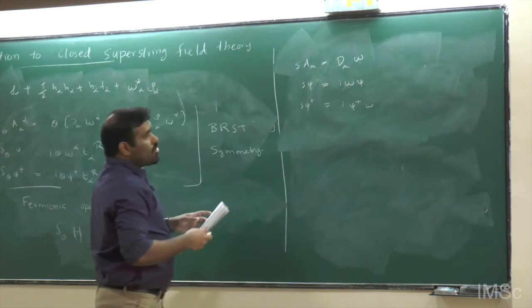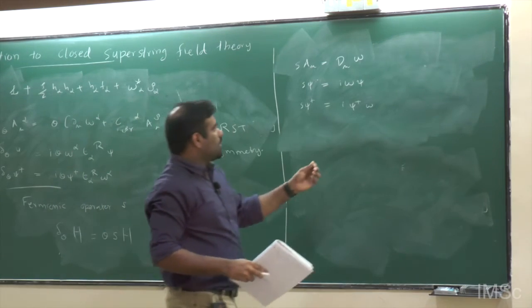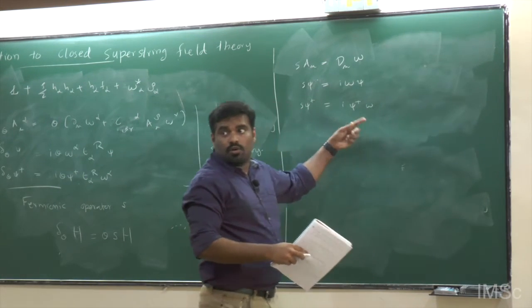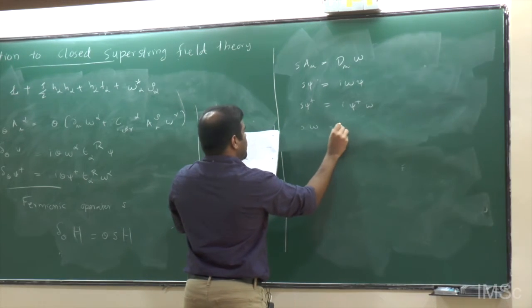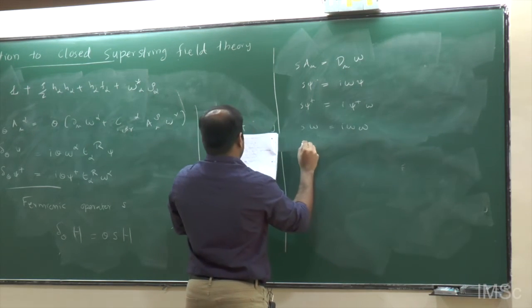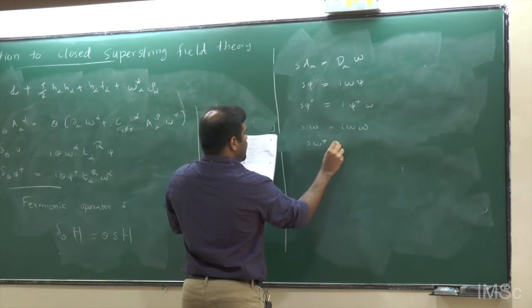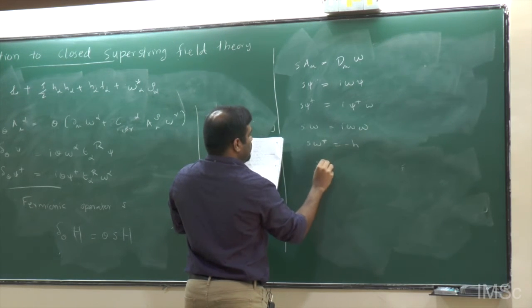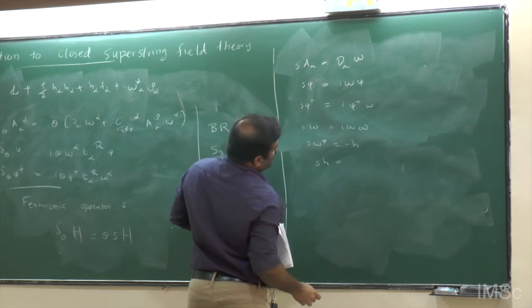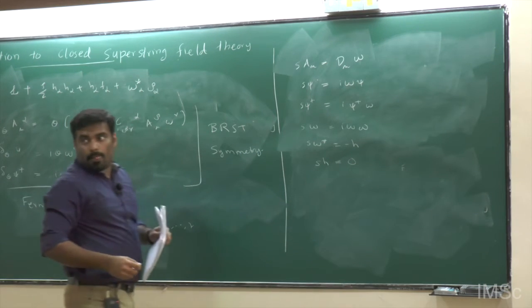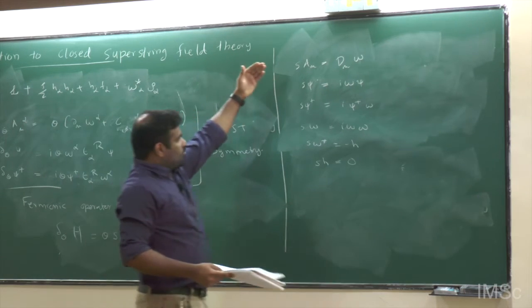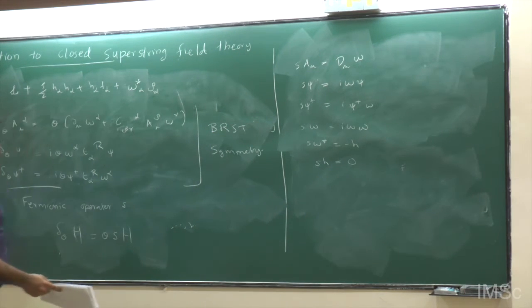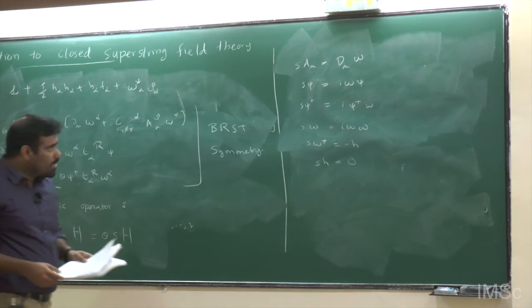You can also introduce the BRST transformation for the ghost field and the auxiliary field. That's given by S omega equal to i omega omega, and S omega star equal to minus H, and S acting on the auxiliary field H is 0. Now it's not very hard to check that this transformation is a symmetry of the new Lagrangian, and this is the BRST symmetry.